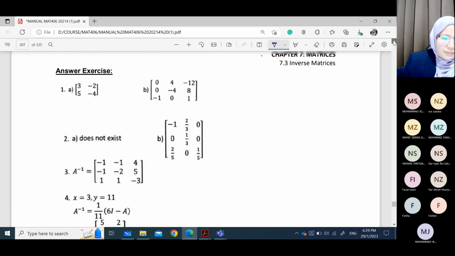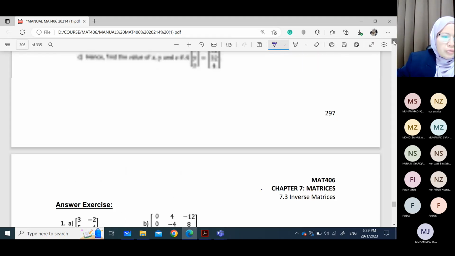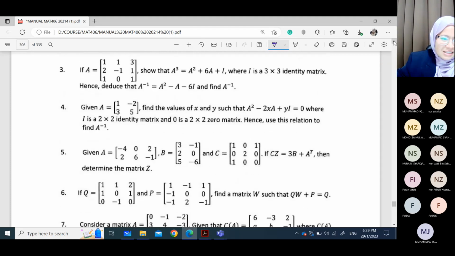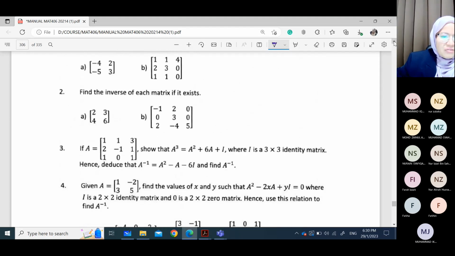Kenapa dia tak exist? 2A. Kenapa dia tak exist? Find the inverse of each matrix if it exists. Okay, so kalau matrix yang tidak boleh, the inverse does not exist, so maknanya dia adalah singular.